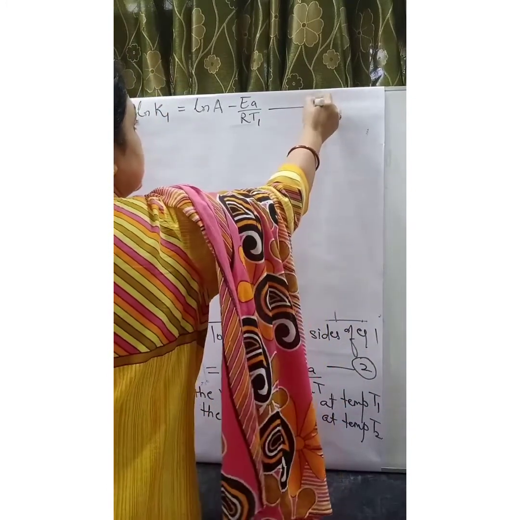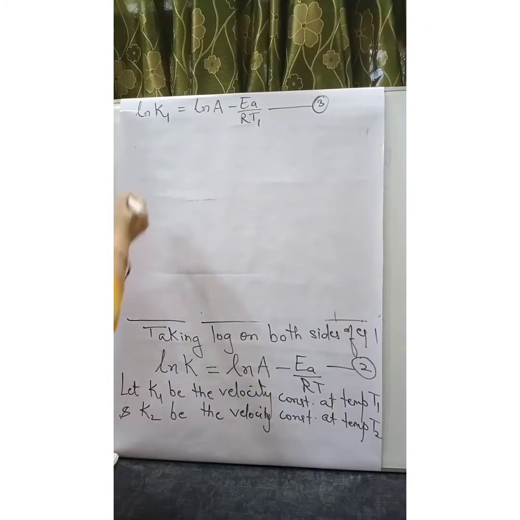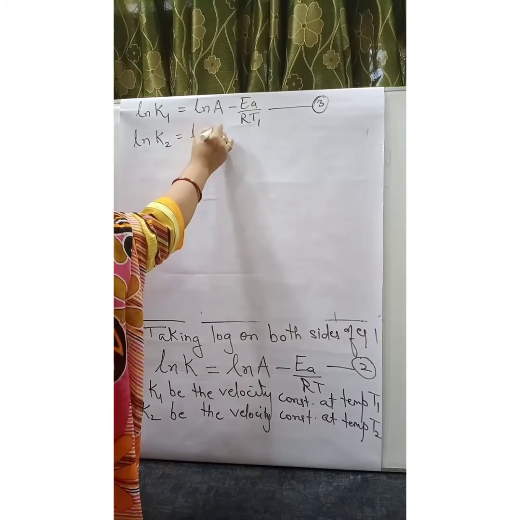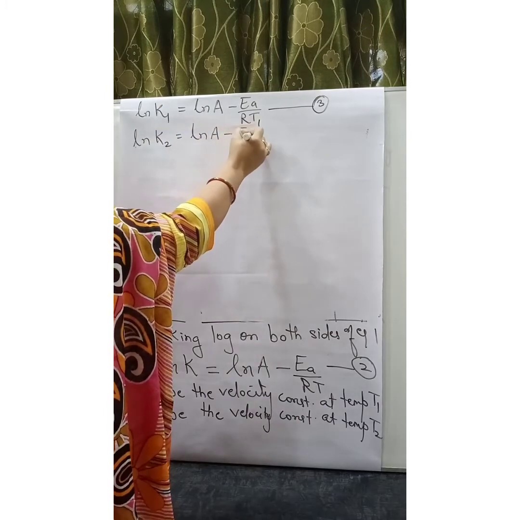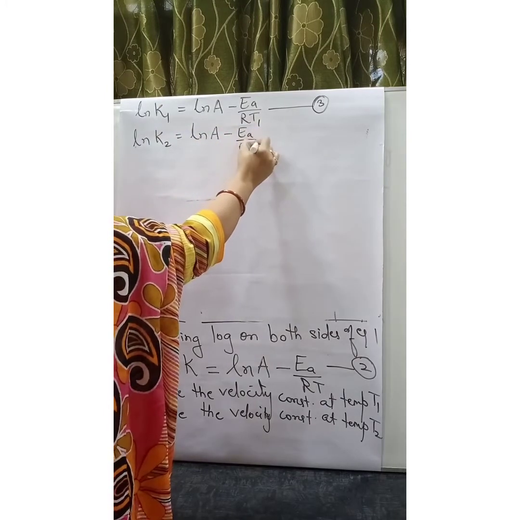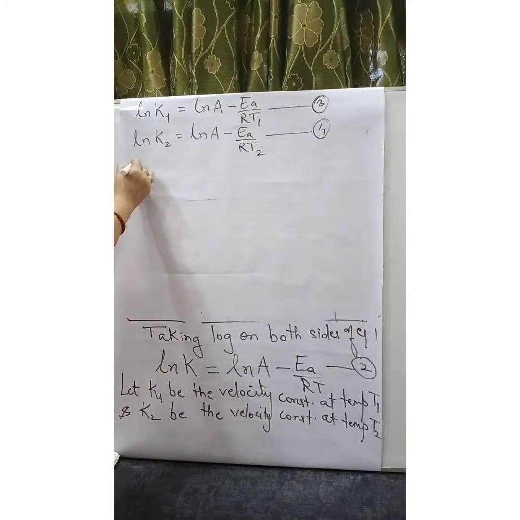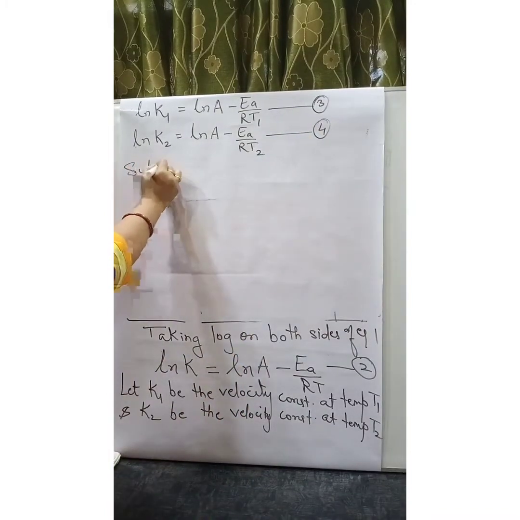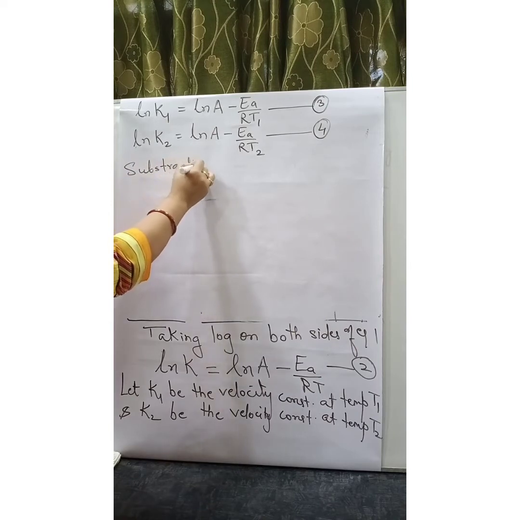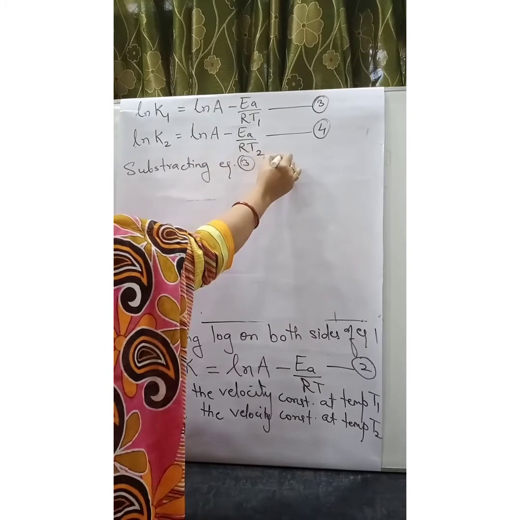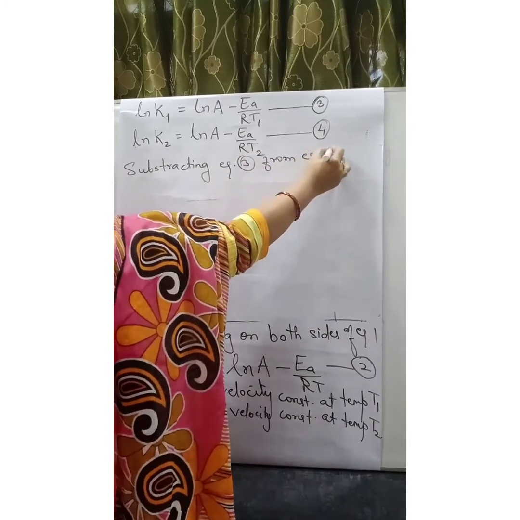Let this be equation number 3. ln k2 is equal to ln A minus Ea upon RT2, equation number 4. Subtracting equation 3 from equation 4.